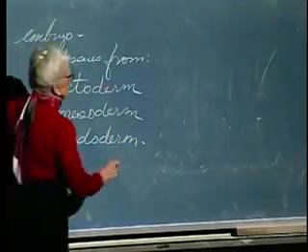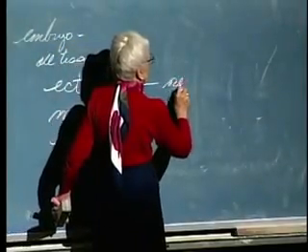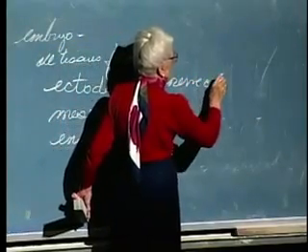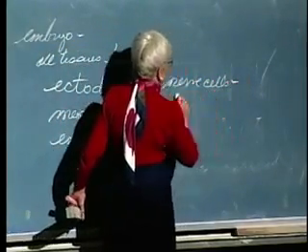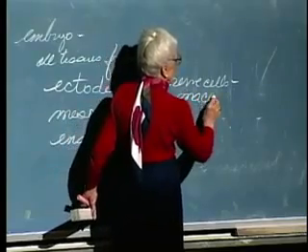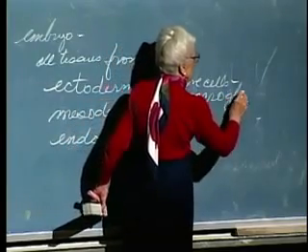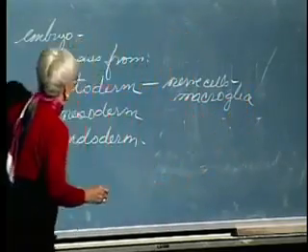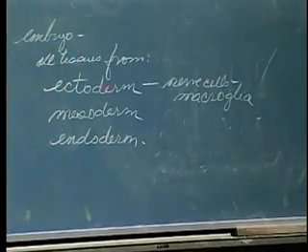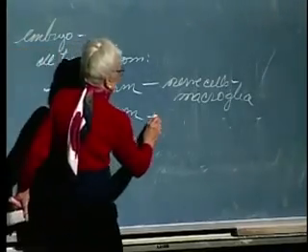Nerve cells come from ectoderm, and so do macroglia. Microglia come from mesoderm.